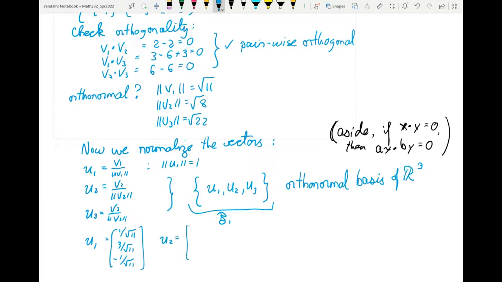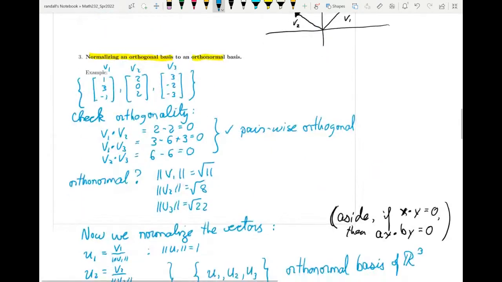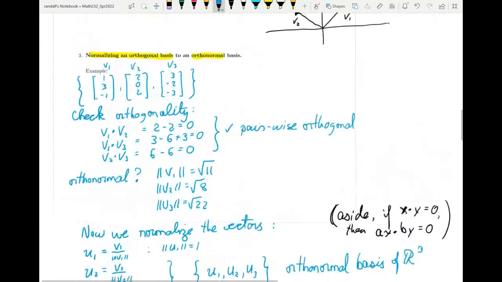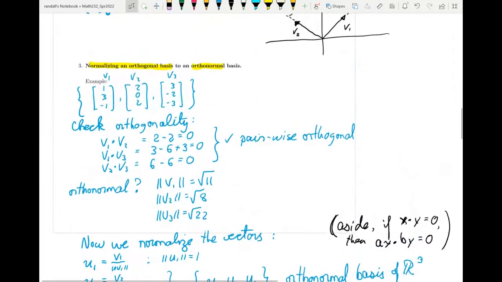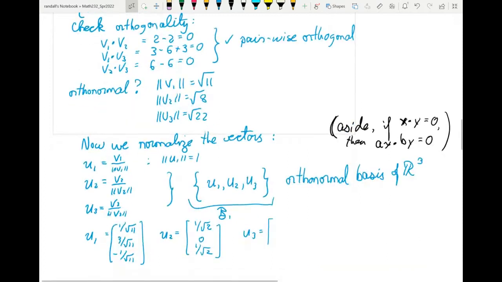U2 is going to be 1 over root 2, simplifying the square root of 8 a little bit, 0, 1 over root 2. And U3 will be, let's look at it again, 3, minus 2, right? Is that a minus 3? Let's see. No, that's a 3. Good, so let's do it. So 3 over root 22, minus 2 over root 22, 3 over root 22.